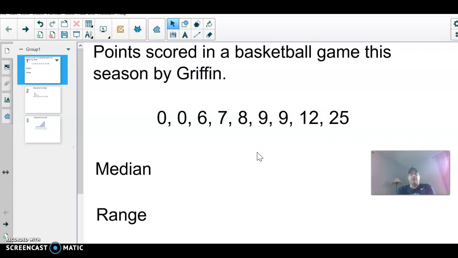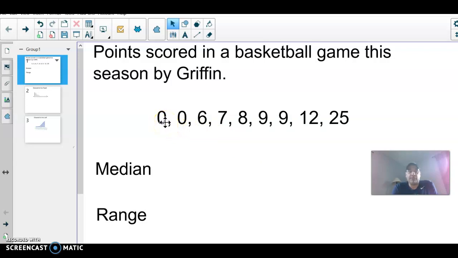We're going to get into these words a lot more in a couple weeks, but the word median does come up today. Median means middle. If you were driving down the road and that yellow, the two stripes in the middle of the road, that's called the median. It's in the middle of the road. So if I ask you which number is the median for Griffin's points that he scored, you would find the number in the middle. Now I've already lined them up from least to greatest for you. That's always the first step.